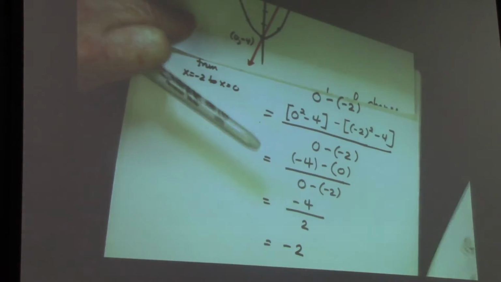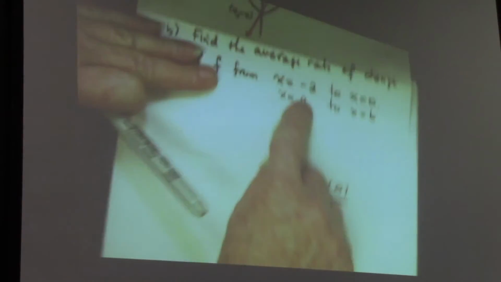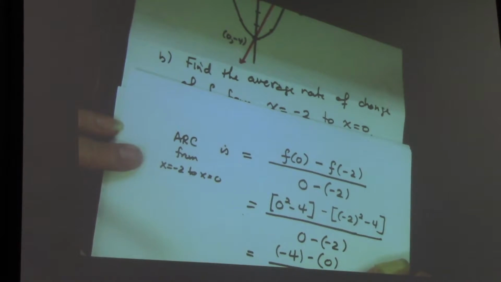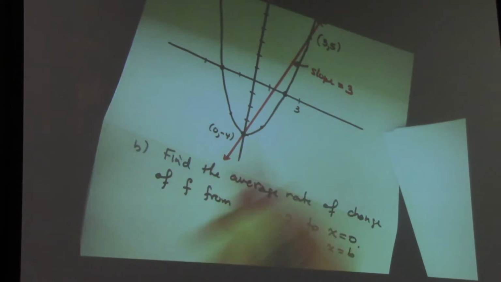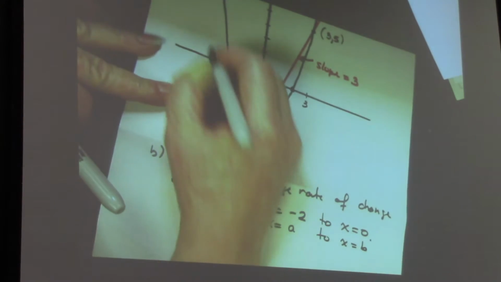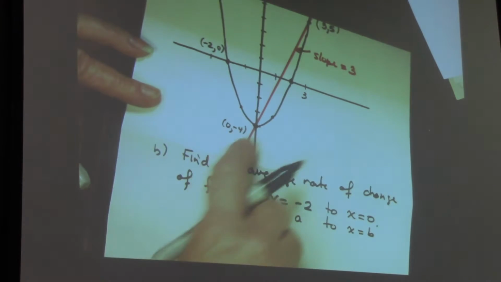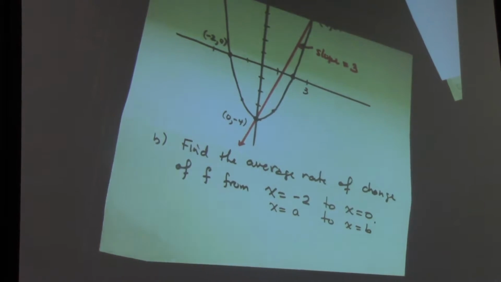The average rate of change, you know, from x equals -2 to x equals 0. So the slope of the line from where x is -2, i.e. this point, -2, 0, to when x equals 0, namely the point 0, -4.